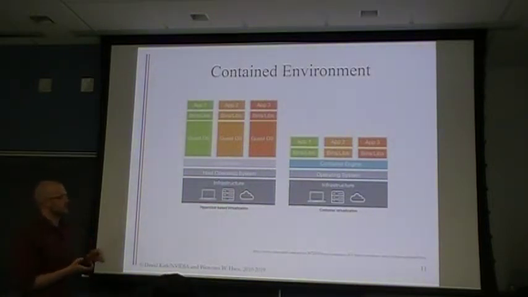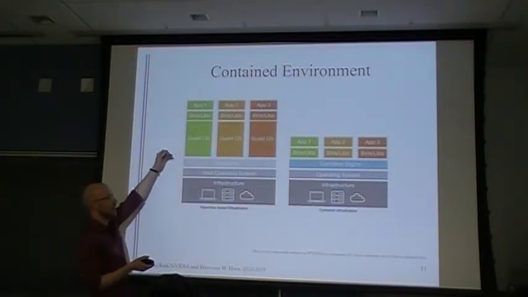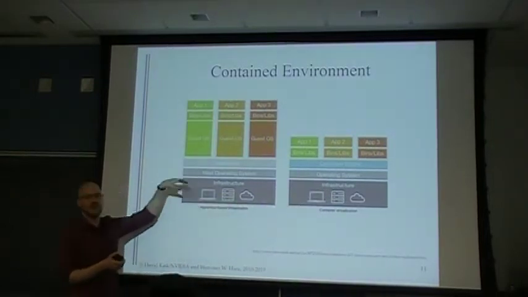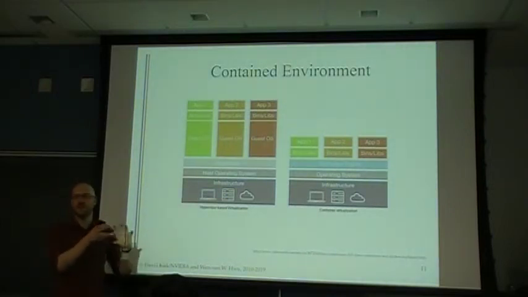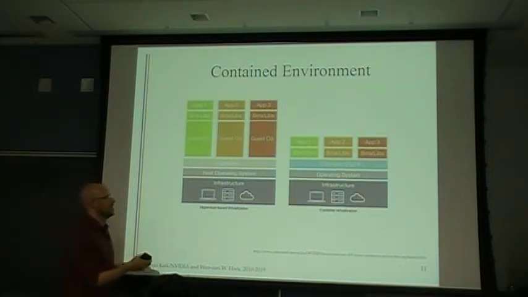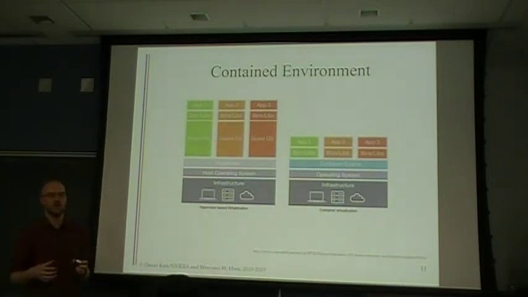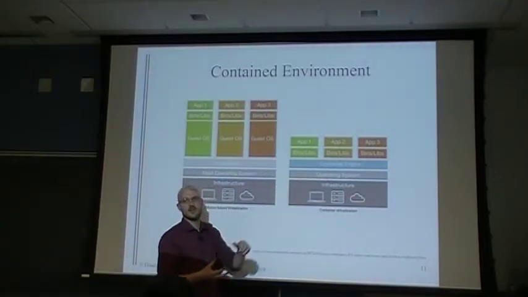It uses the same kernel as the existing operating system, so you don't have a whole new operating system running on top, but it's a unique and contained environment that you can configure however you want. So these bins and libraries and applications, you can control. You want CMake 3.9.2 because you use a particular package in your project that only works with that, and you want to build with these particular flags. You can configure all of this exactly the way you want in your project.